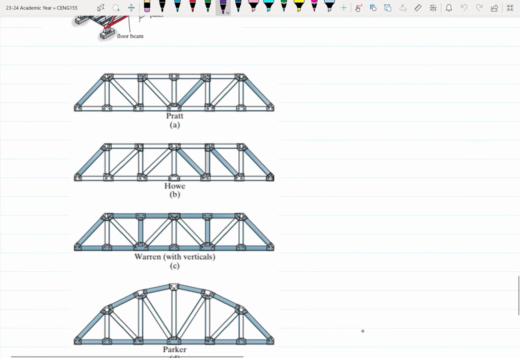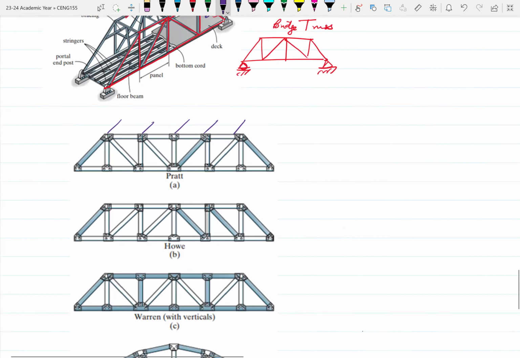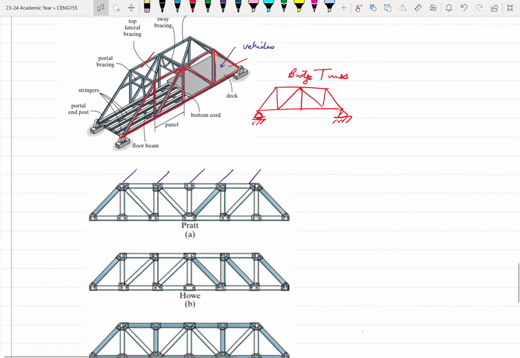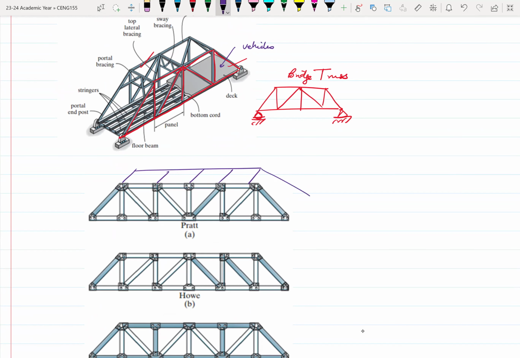So there'll be another one on this side, which then will be connected by a series of top chords so that you have something like that. So there could actually be three of these, or maybe two. So that's how they are formed. And then here becomes the deck on which the vehicle should pass.